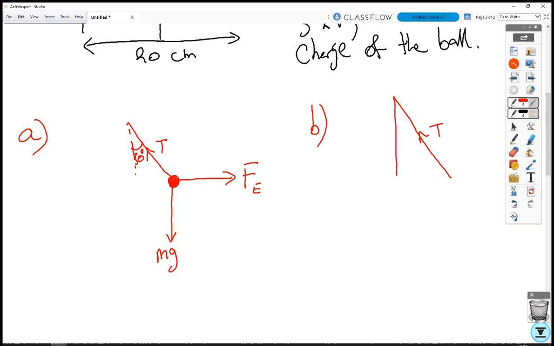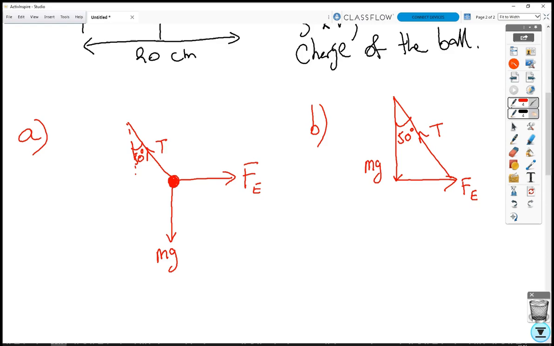So if we draw a triangle of tension like this, we've got Fe acting horizontally, and we've got mg acting vertically down with 50 degrees between them. So straight away, we can make an equation here by considering that it's a right angle triangle.